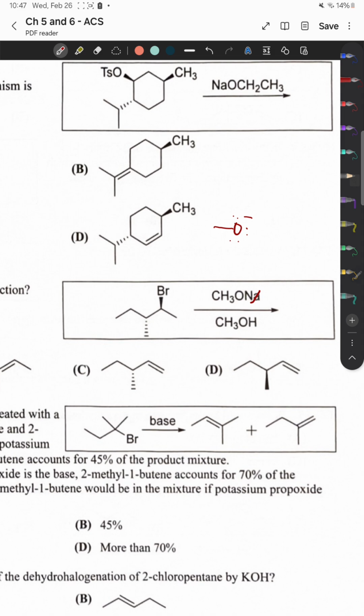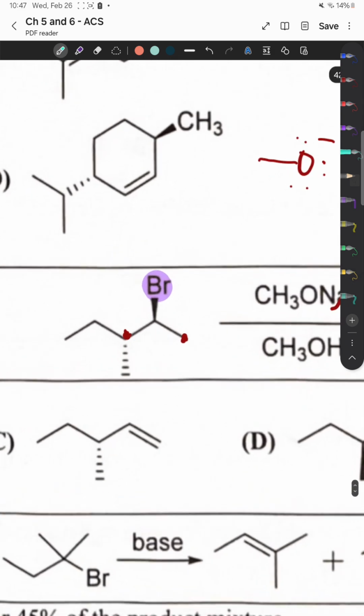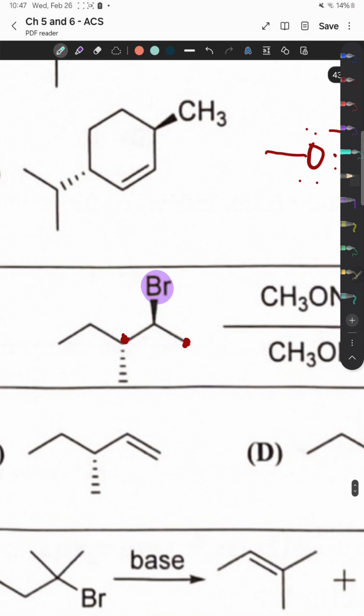which requires removing the leaving group and also taking one of the hydrogens connected to the beta carbons with respect to the leaving group. So it'll either pull off a hydrogen from this side or from this side.